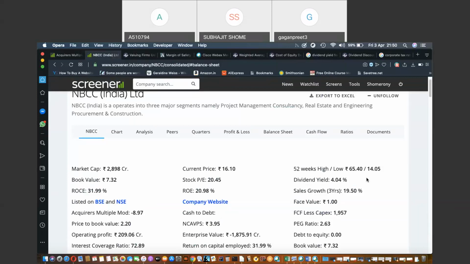You take 18.07. So your current price is less than 18.07. So it actually meets the criteria of NBCC. It satisfies the criteria, right? The other one failed, but this one agrees.